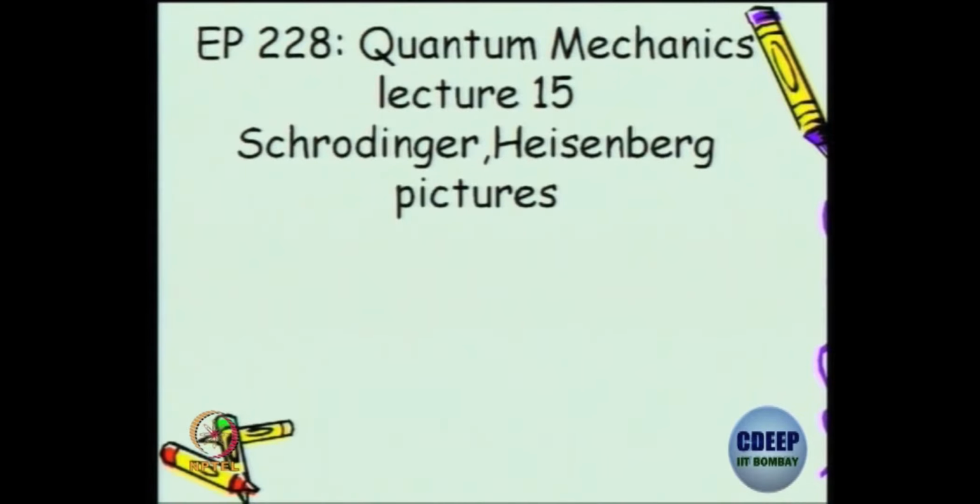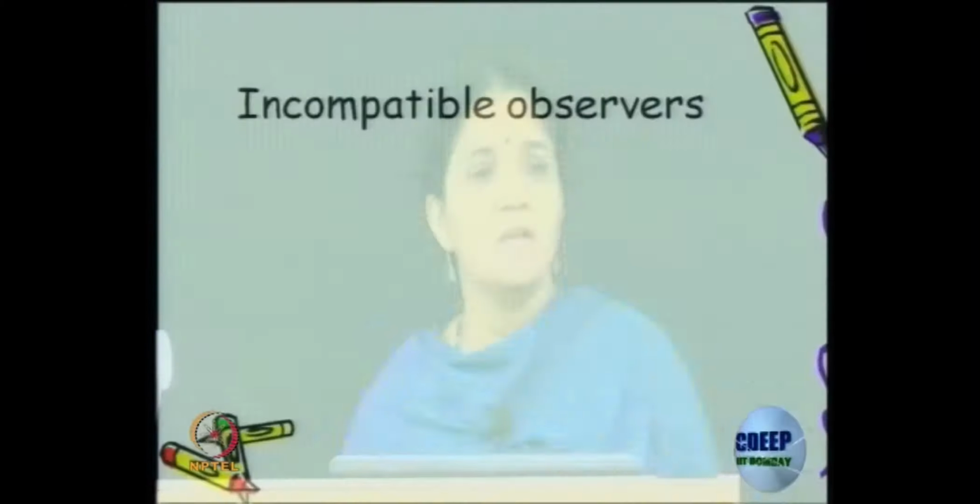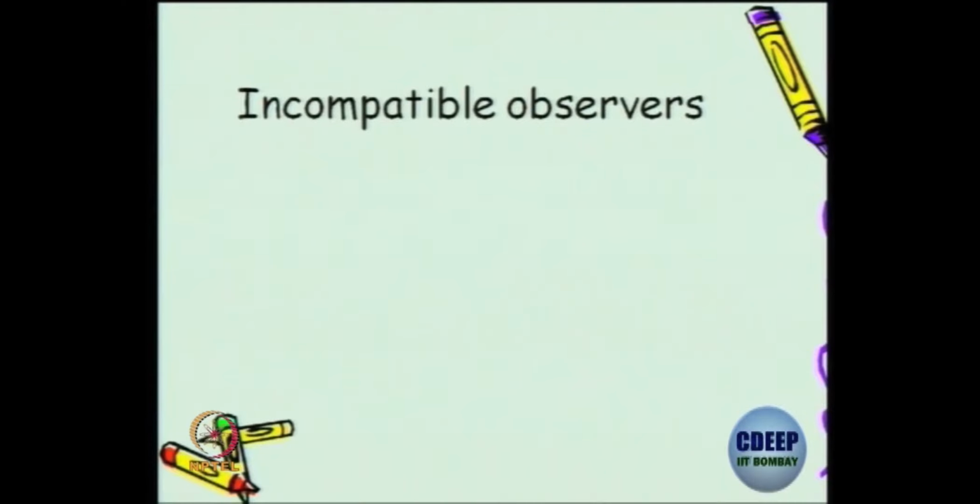Before I get on to this, I thought I should complete what we said in the last lecture about incompatible observables, okay, not observers. Incompatible observables are two linear Hermitian operators whose commutator bracket will be zero or non-zero?